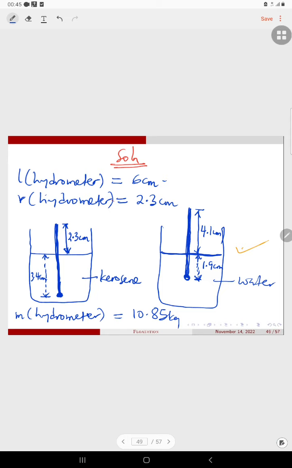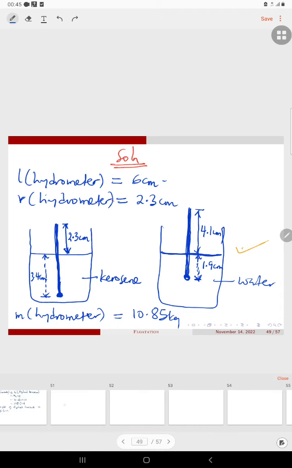So if I get the cross-sectional area, we were given the radius, and I multiply the cross-sectional area by the length of the submerged part, I'll get the volume of the submerged part.